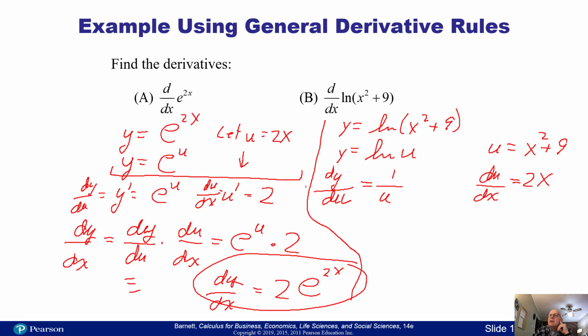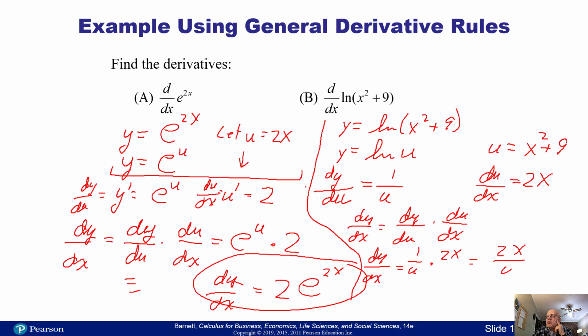Now what I want is dy/dx, and I can get that by multiplying dy/du times du/dx. Remember, these sort of cancel, so we still have the dy/dx. Now I'll fill in: dy/dx equals dy/du, which is right here, 1 over u, times du/dx, which is right here, 2x, or 2x over u.